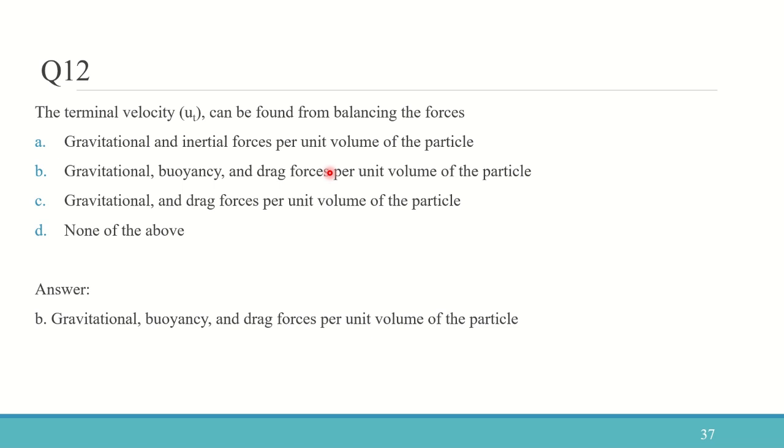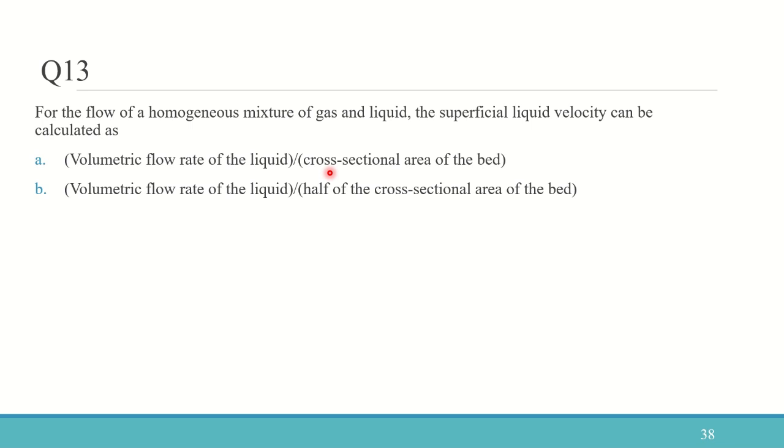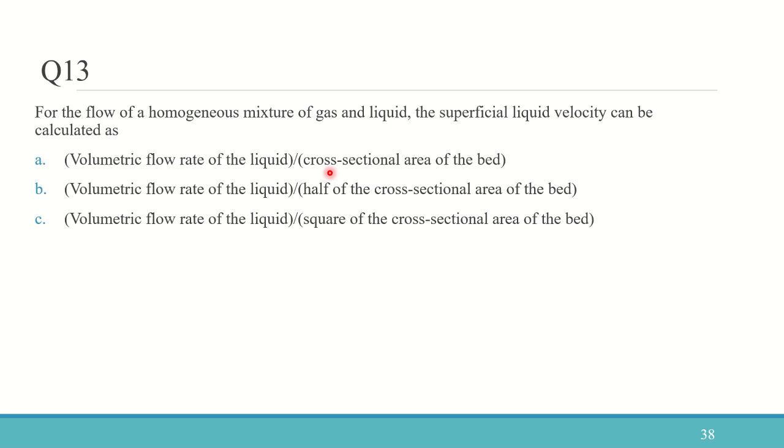Gravitational, buoyancy and drag forces per unit volume of the particle is the right answer. Now let us move on to question 13. It is given that for the flow of a homogeneous mixture of gas and liquid, superficial liquid velocity can be calculated as: option A, volumetric flow rate of the liquid divided by cross-sectional area of the bed; option B, volumetric flow rate of the liquid divided by half of the cross-sectional area of the bed; option C, volumetric flow rate of the liquid divided by square of the cross-sectional area of the bed; and option D, none of the above.